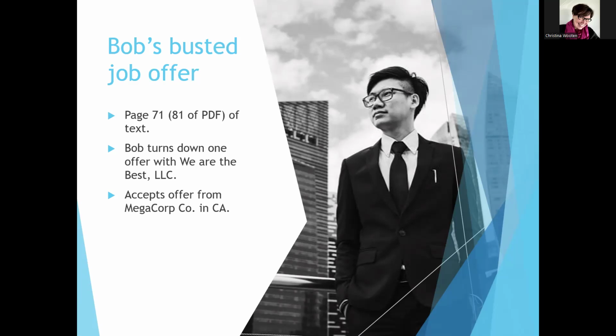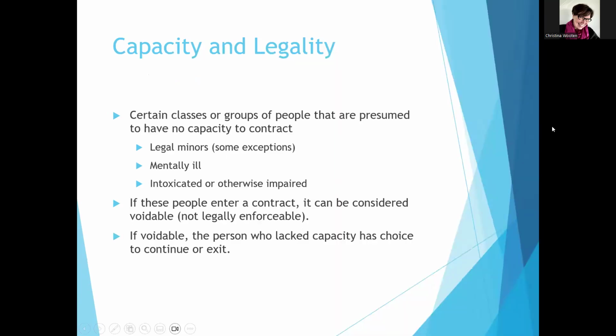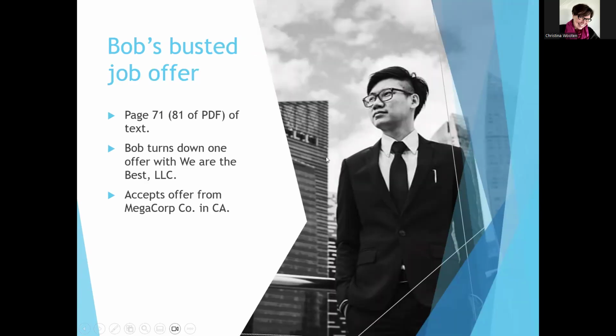And so, according to our text, if Bob brings a promissory estoppel suit, he will likely be entitled to the cost that he incurred while anticipating the start of that promised role. He also might have the opportunity to get some reimbursement of what he paid in his moving expenses, and he might have an opportunity to be reinstated in his previous job, except we know sometimes people hire folks into our places when we leave a job.